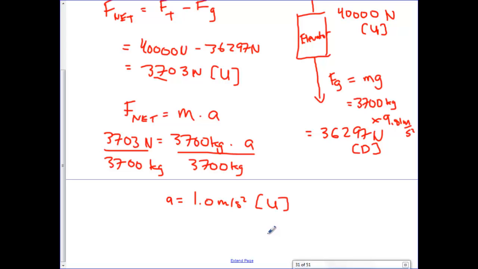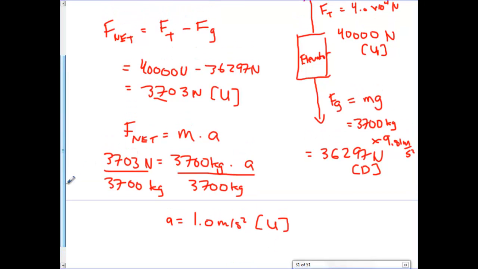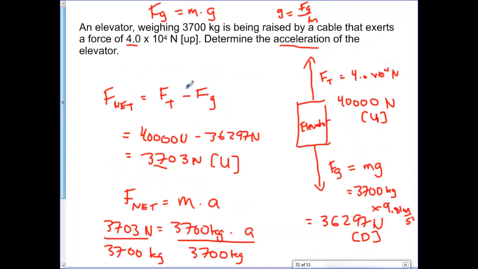It is possible that we're going to start getting some accelerations in the downward direction. If the elevator were going down, then the acceleration could be going in the downward direction too. Cool. Sorry, what was that? Oh, way back at the top, this 4.0 times 10 to the 4 only had 2 sig digs. So that's why I only got 2.